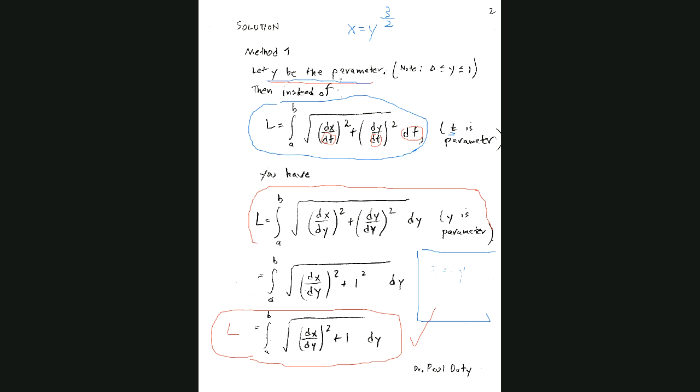You can think of it like this. x as a function of y is equal to y to the 3/2. And then y as a function of y equals y.